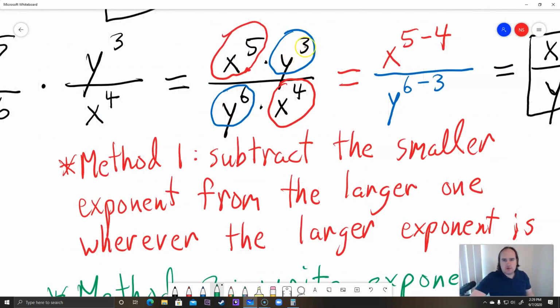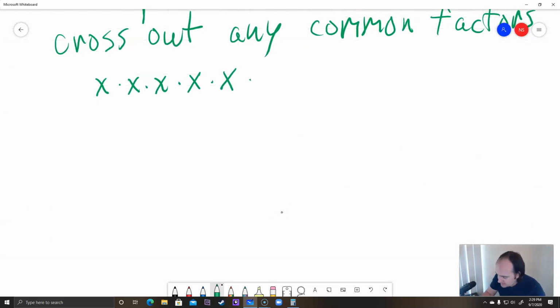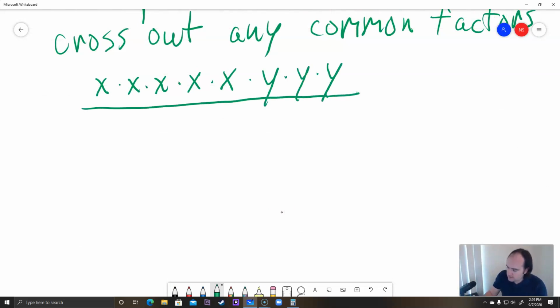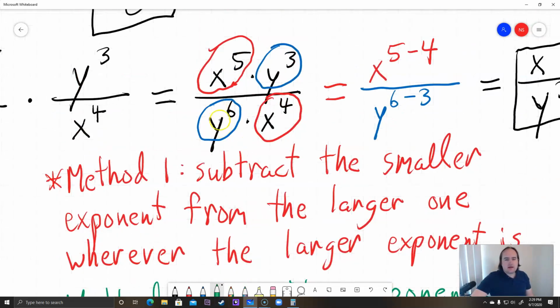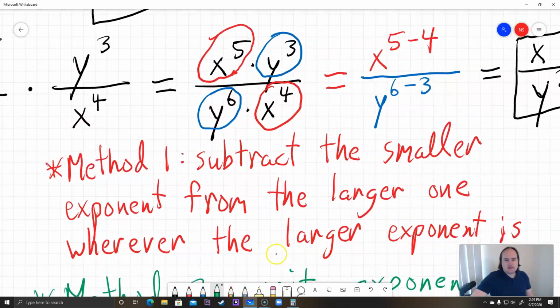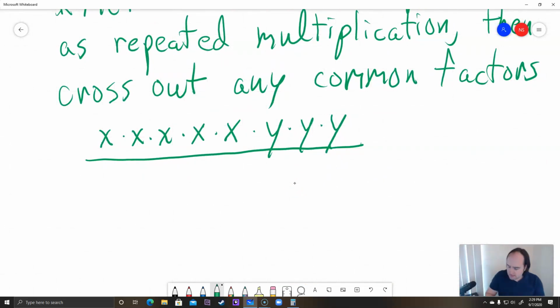So that's going to be a total of 3 y's. So that's going to be y times y times y. Okay? And then this is all over our denominator. Our denominator has y to the 6, so that's going to be a total of 6 y's. Alright, so we're going to have y times y times y times y times y times y.